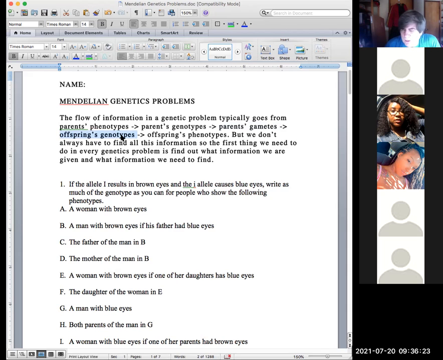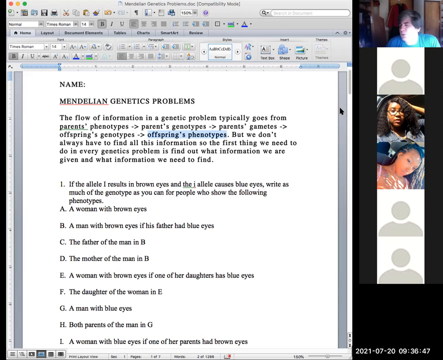We can look at 2 parents and see if the father can make sperm that have this gene in them and the mother can make eggs that have these alleles, what are the possible children they could produce? So we can figure out the offspring's genotypes, and then we can figure out the offspring's phenotypes.